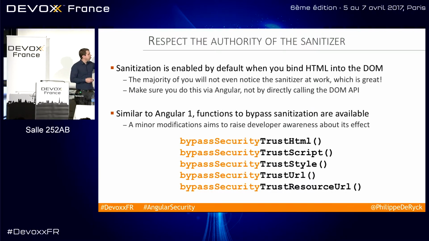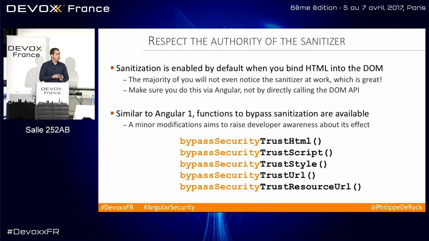Angular 1 had these functions as well, but they were named trustAsHtml, where you could mark a specific string as trusted, which means that Angular no longer considers it to be unsafe. In Angular 2, they renamed these to bypassSecurity. I'm mentioning this because people often use these to bypass the protections and get something out there anyway, because it's very easy to do, but you don't realize what you're actually doing. If you put untrusted data into this function, it will not sanitize it.